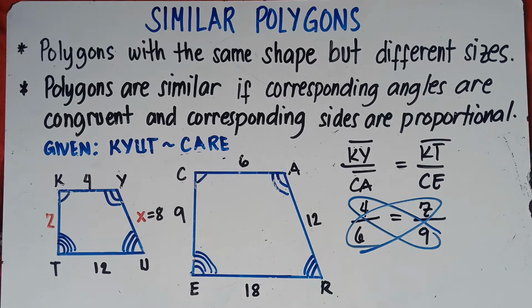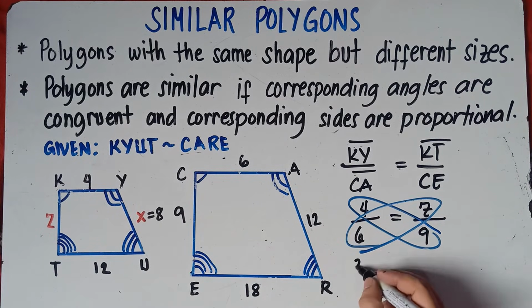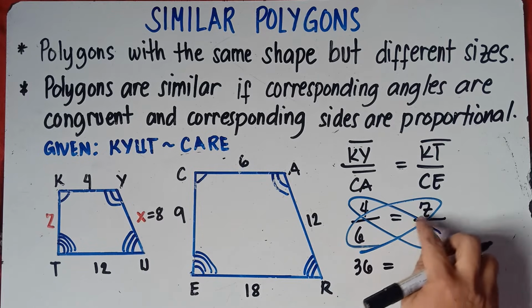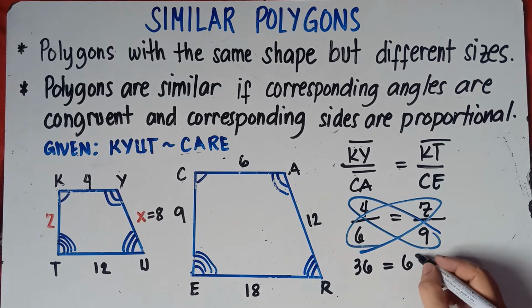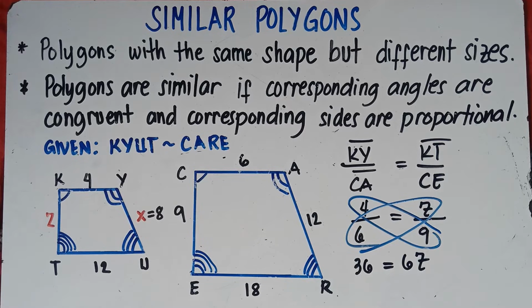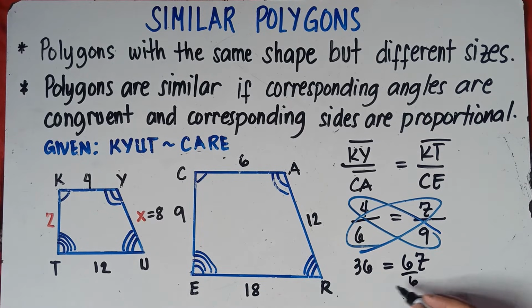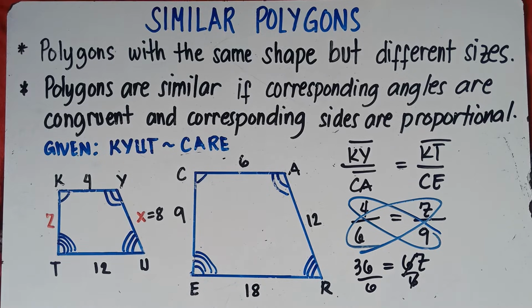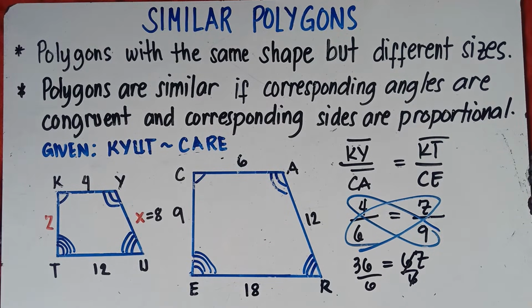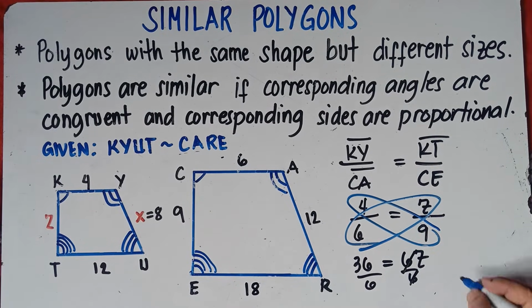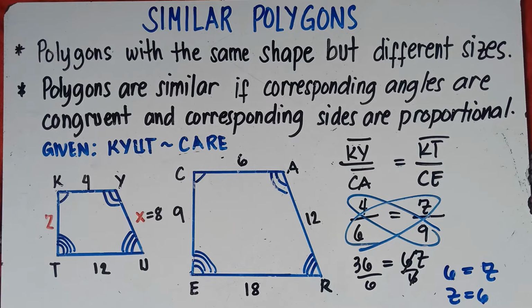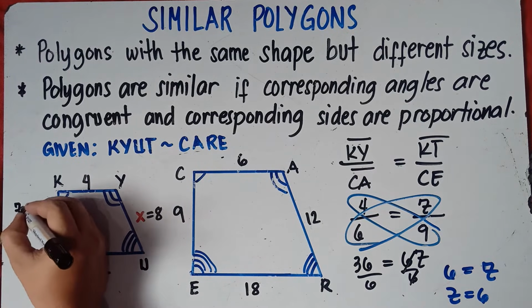This will be 4 times 9, that is 36, equals 6 times z, that is 6z. To get the value of z, you divide both sides by 6. And our z is equal to, what's the answer, class? That's correct, 36 divided by 6, that is 6. So our z is equal to 6.